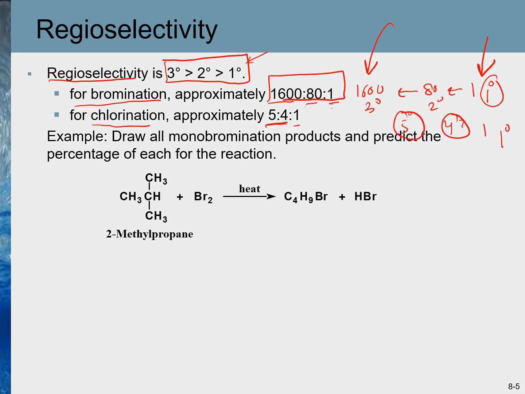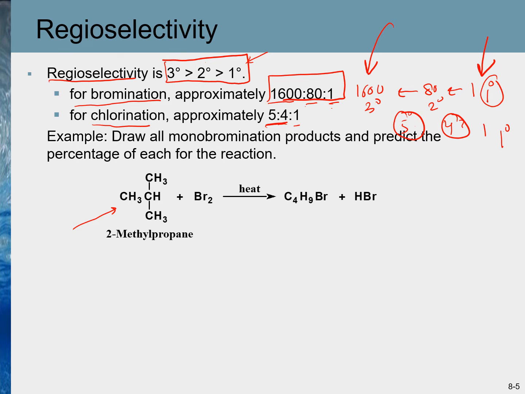Let's solve this problem based on the bromination reaction. In this case, we need to find the percentage of all the products obtained in this reaction. If we look carefully, the only possible products are the tertiary product and primary product.